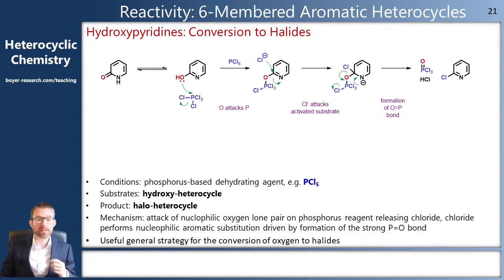This makes the OH, which is a bad leaving group, into a good leaving group, because phosphorus activates the O. One of the chlorines that was released comes back in and does a displacement to give our new carbon-chlorine bond and kick out the oxygen to create a very strong phosphorus-oxygen double bond. This is useful because we can exploit the OH reactivity and then swap that for a chloride, which we can use in substitution or lithiation reactions, or maybe cross-coupling.